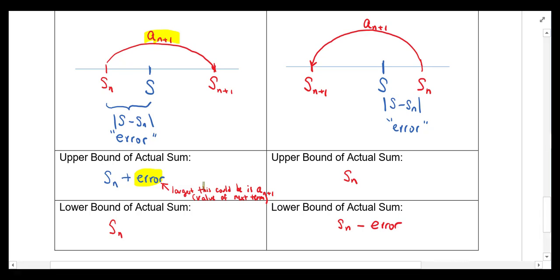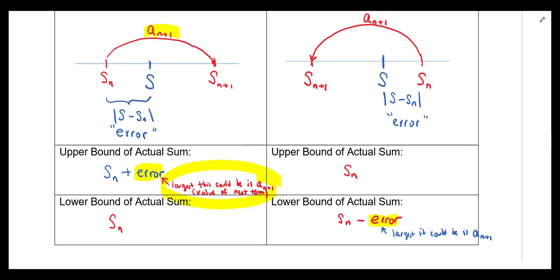That same idea that we had over here. The largest this could be is a sub n plus 1. Same business here. So this error, the largest it could be is also a sub n plus 1, or the value of the next term.